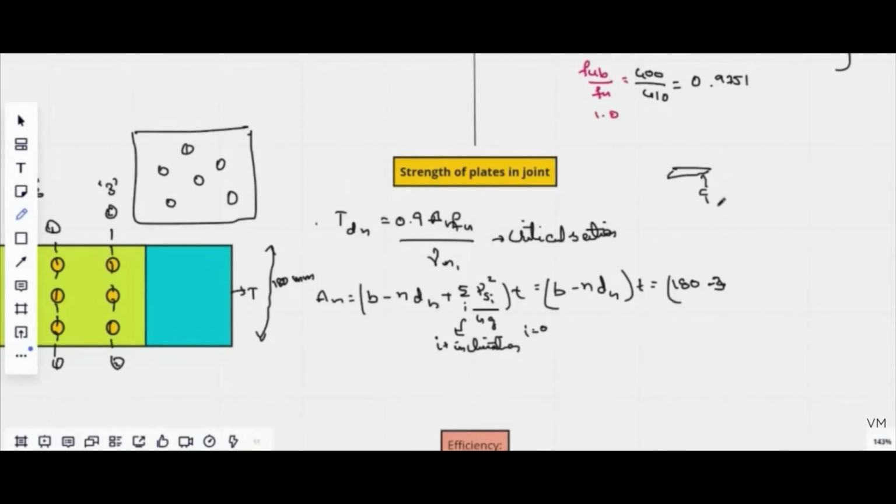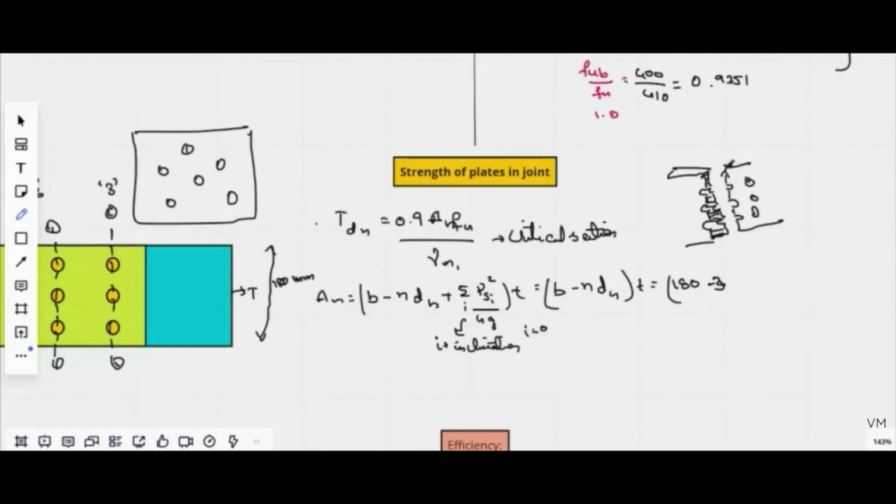The plate will get separated. The area what we are going to measure is only the area what I am highlighting here. So the remaining plate will stay in position. Three bolts, the plate got separated.